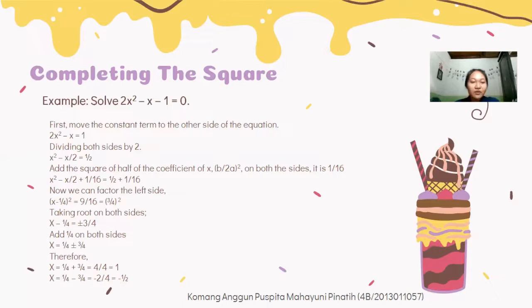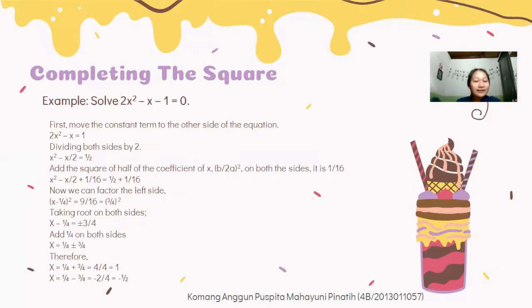And then we can factor the left side. We get x minus 1 divided by 4, squared, equals 9 divided by 16, which is 3 divided by 4 squared.